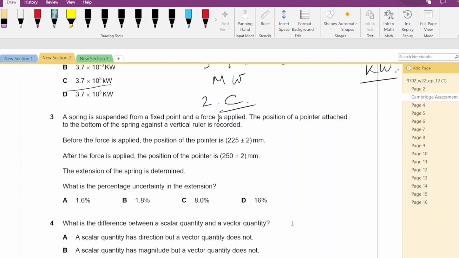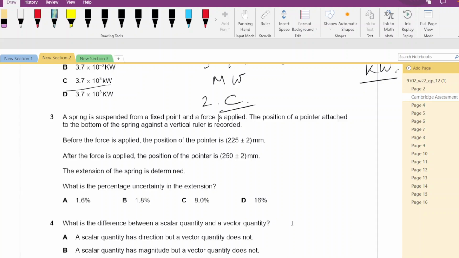Before the force is applied, the position of the pointer is 225 plus minus 2 millimeter. After the force is applied, the position of the pointer is 250 plus minus 2 millimeter. The extension of the spring is determined. What is the percentage uncertainty in extension?